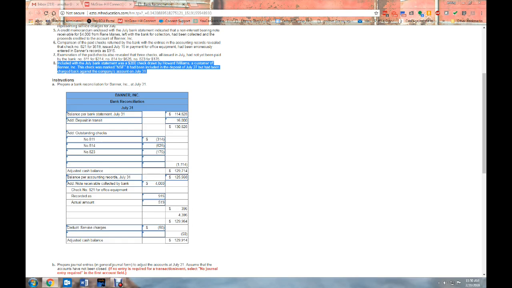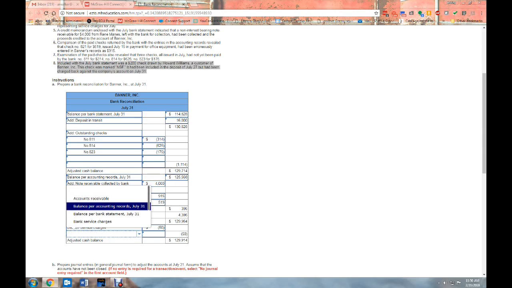So if somebody wrote you a bad check, it had been included in the deposit of July 27th, but had been charged back against the company's account on July 31st.